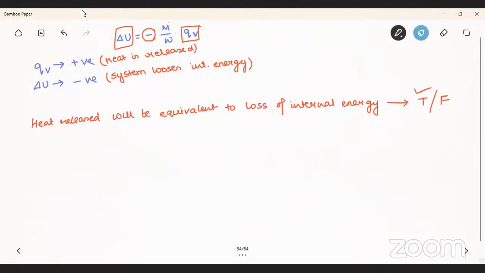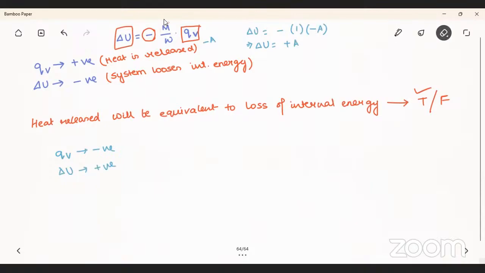Now what if QV is negative? Suppose QV is minus A, and this whole system is 1. So what will I get? Minus 1 into minus A, delta U will be plus A. So if QV is negative, delta U becomes positive. Is this part clear?